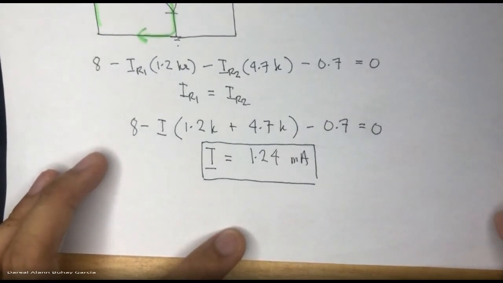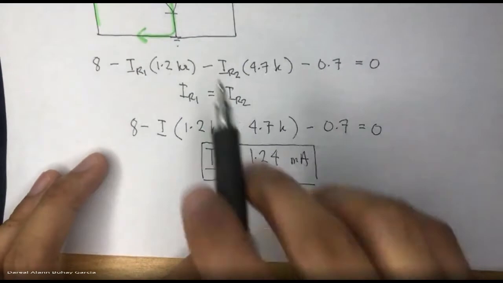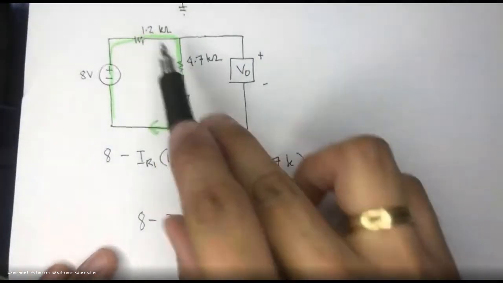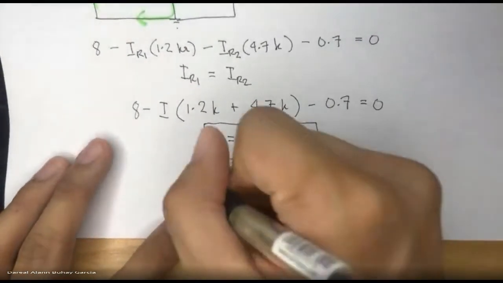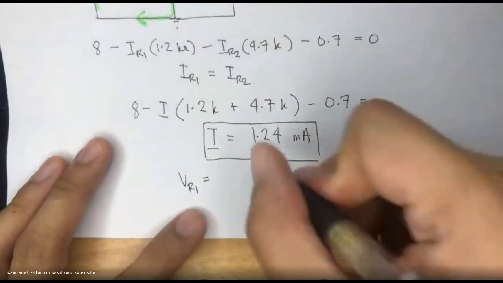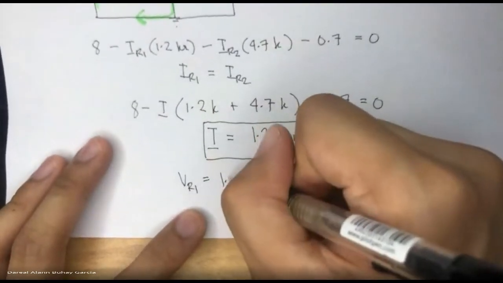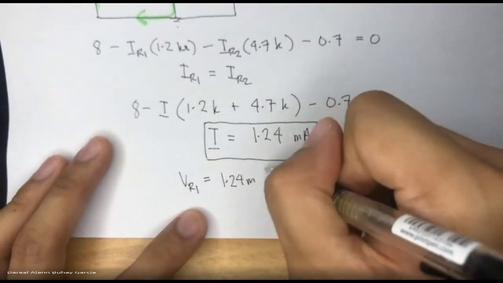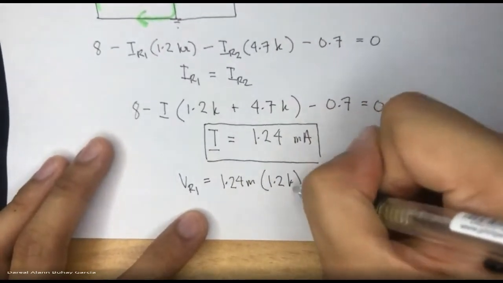I think that's not needed, no? For the voltage of each resistor, we can solve individually. So the voltage of R1 is equal to V equals I times R, 1.24 milli times 1.2 kilo.